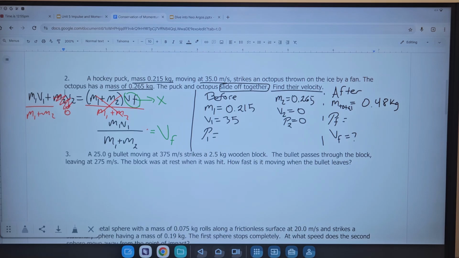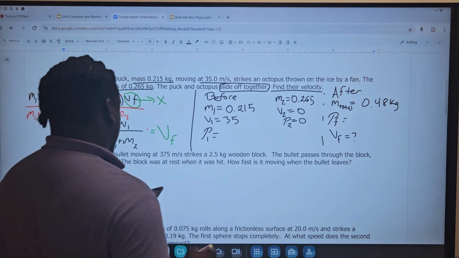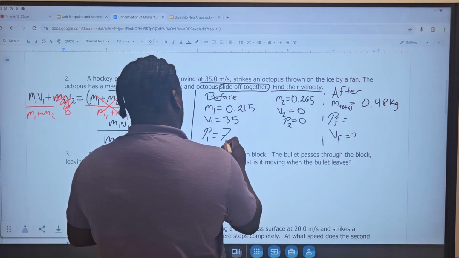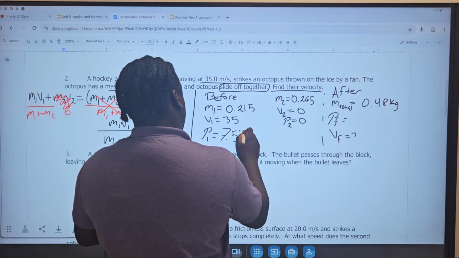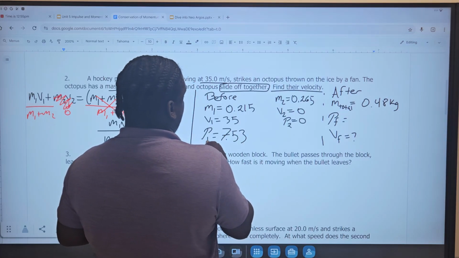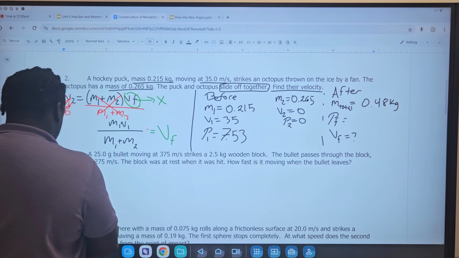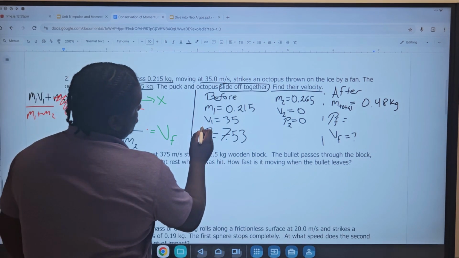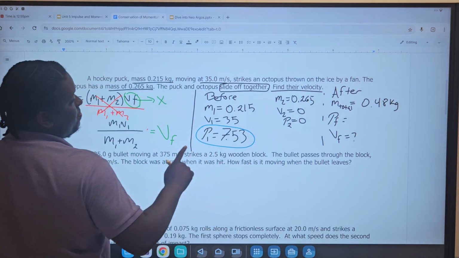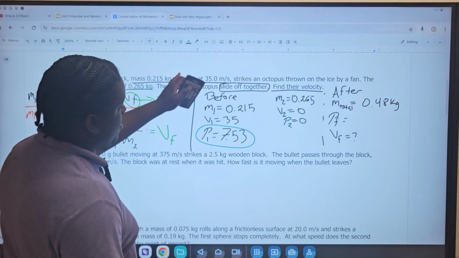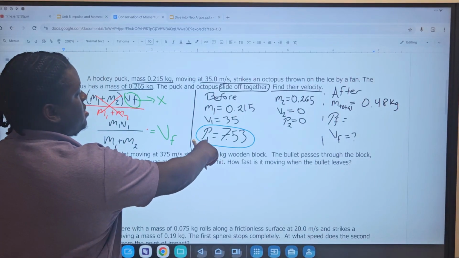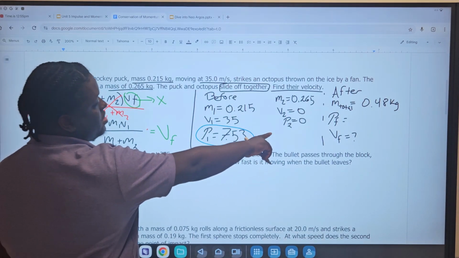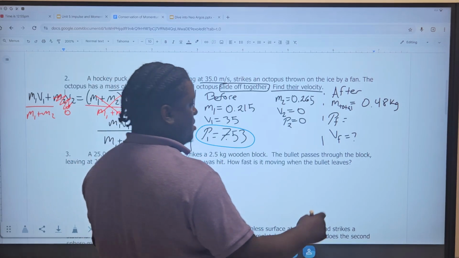Let's see, we get 0.215 times 35, 7.52, well, 7.53. So then you use this momentum, so let me circle it. You use that momentum and put it at the end, because the entire momentum of the system should equal 7.53, because there's nothing coming from your octopus.